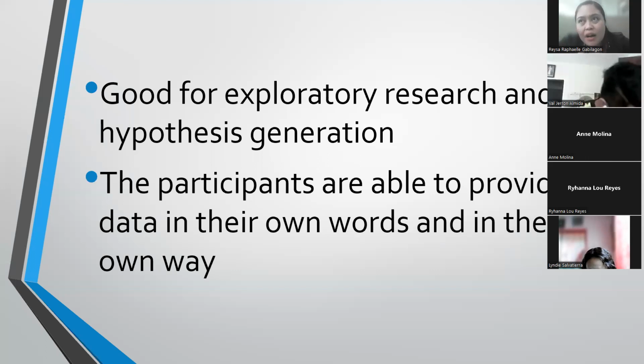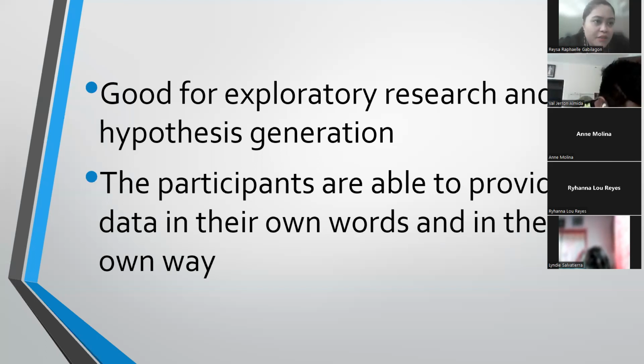Hindi tayo makakagawa kasi ng example, questionnaire or instrument if we don't have a background over a certain thing. So we can again do a qualitative research for that. And the participants are able to provide data in their own words and in their own way.